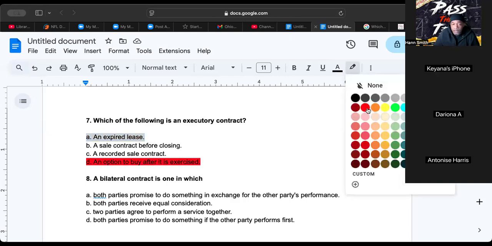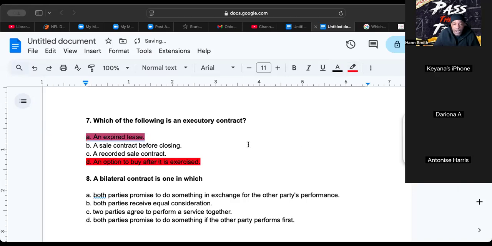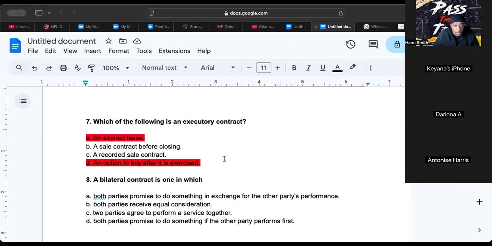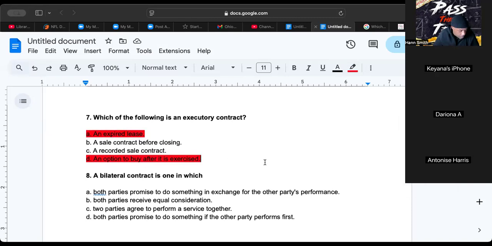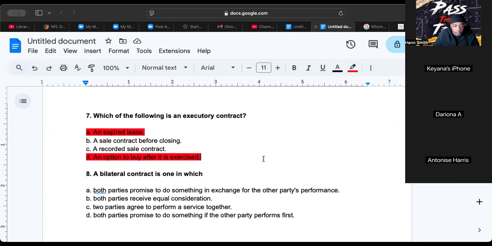And so it says, which of the following is an executory contract? Is it B, a sales contract before closing, or C, a recorded sales contract? This is a definition question. Anybody can answer it.